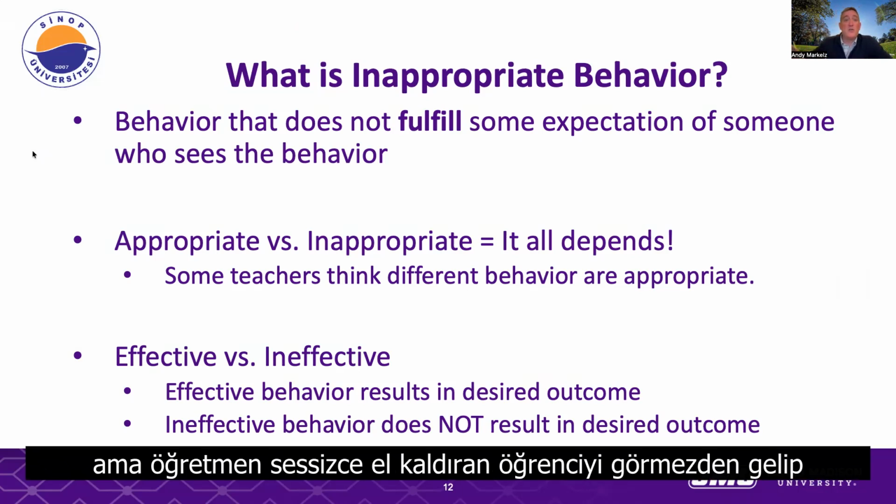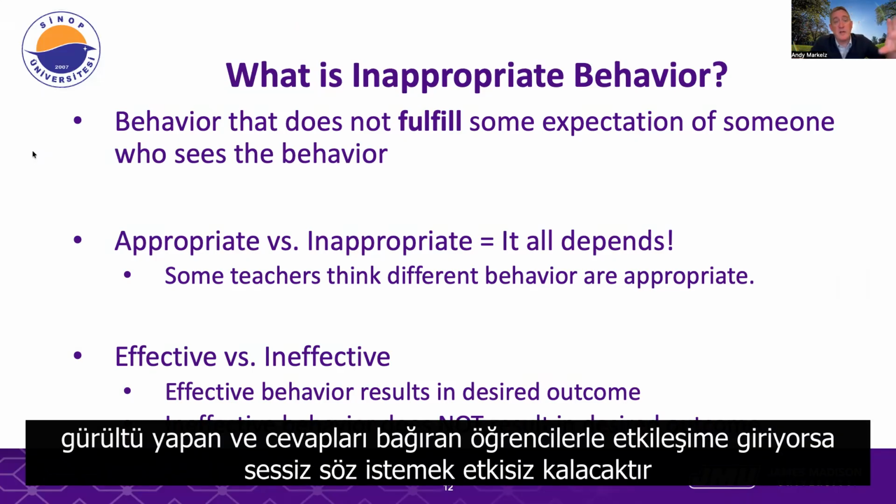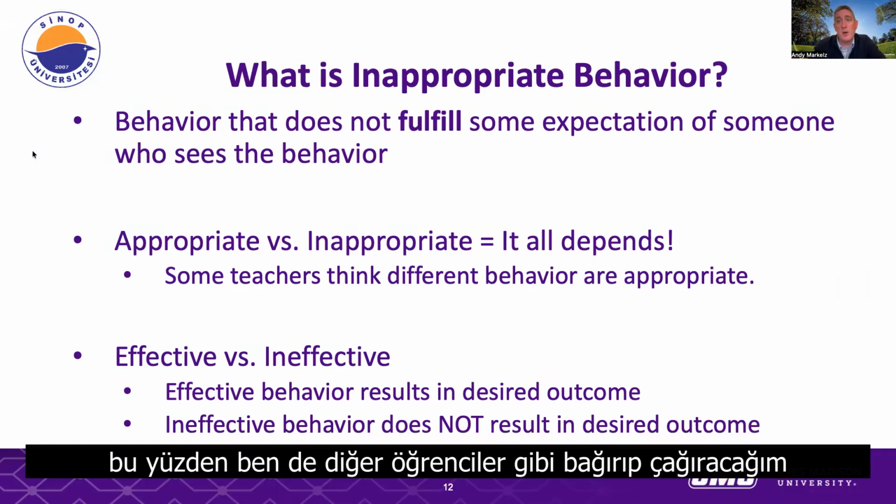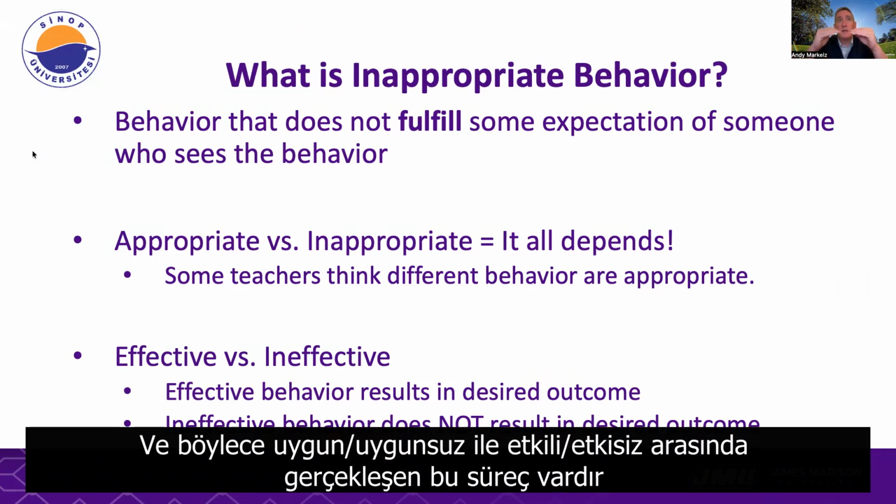If the teacher just ignores the student who's quietly raising their hand, and the teacher is over here interacting with the students that are being loud and calling out answers, the student that's quietly raising their hand is learning that this is an ineffective way to get the attention that I'm wanting. So I'm going to yell and shout like the other students. And so there's this play that's happening between what's appropriate and inappropriate versus what's effective and what's ineffective.